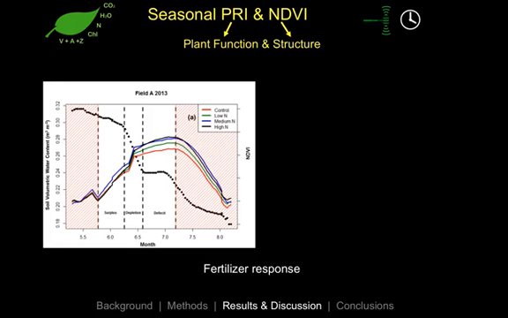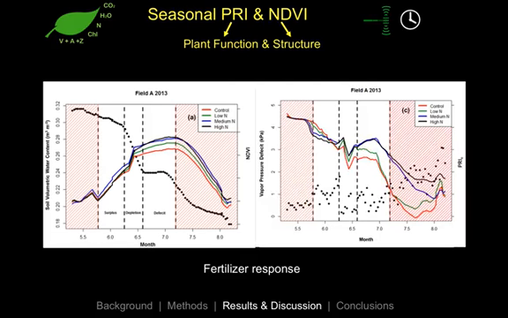But if we want to just look at individual plots to get a better idea of fertilizer response, we see here with the black dots representing soil volumetric water content on the y-axis and just our NDVI measurements, we begin to see even a spread in NDVI where we see lower NDVI values in our control and low N plot as we progress throughout the season.